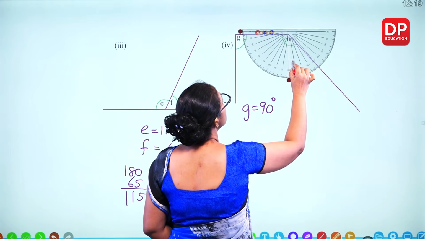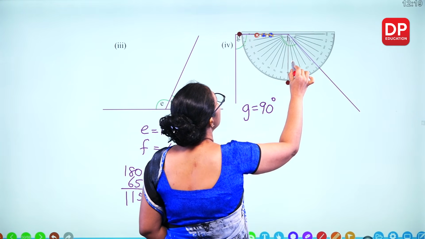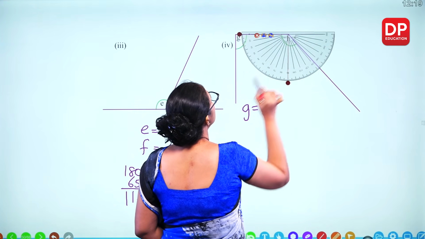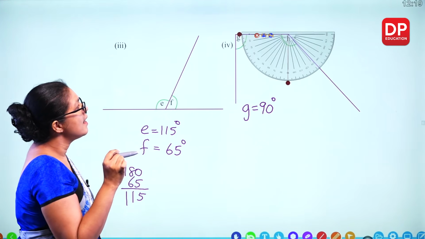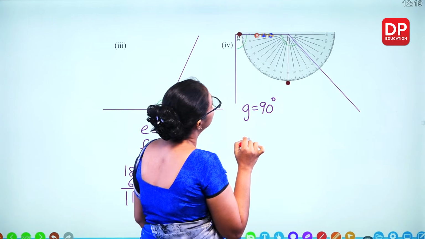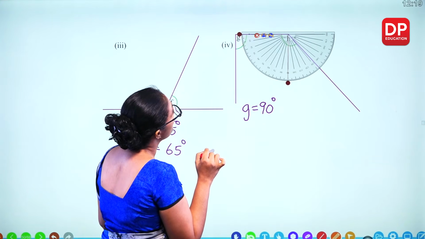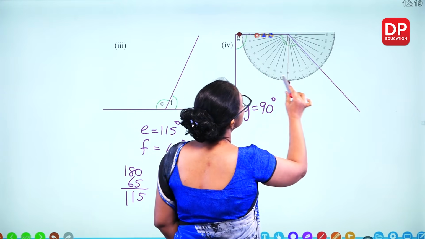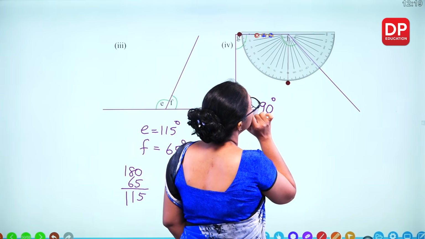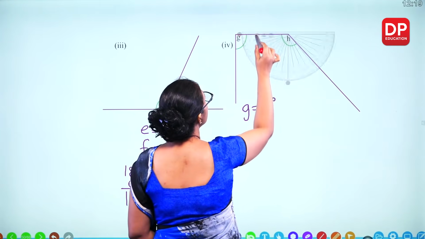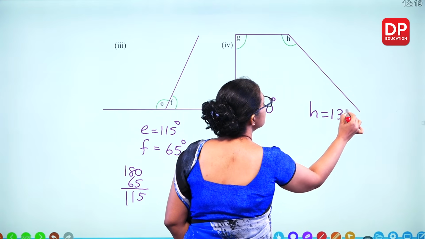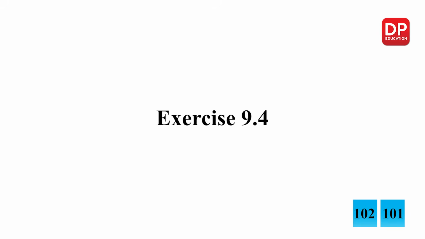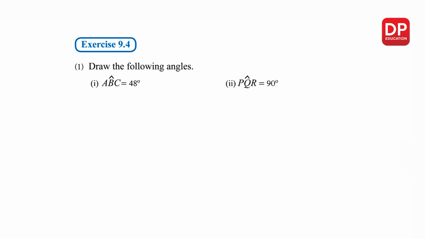H is an obtuse angle, more than 90 and less than 180. So what's the angle? Here to here, 133 degrees. H is 133 degrees.